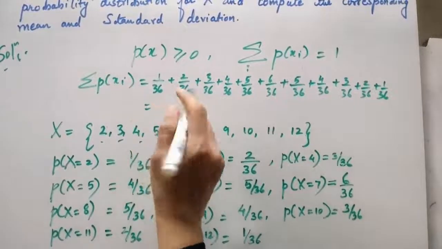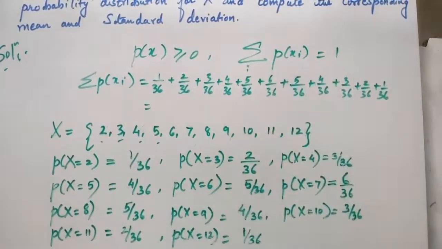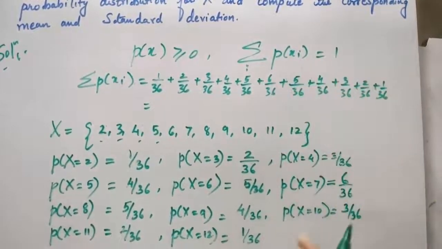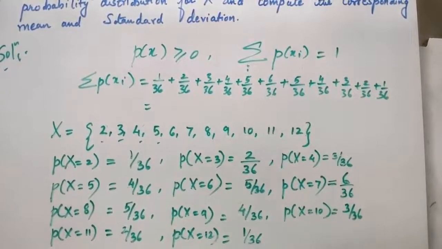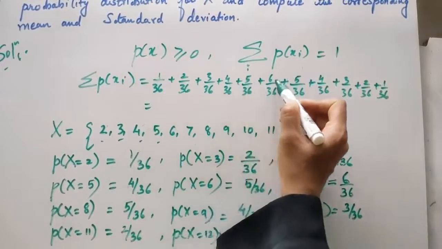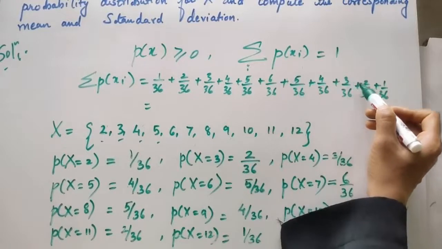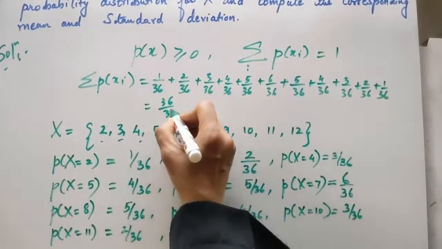Just check the addition: 1 plus 2 plus 3 plus 4 plus 5 plus 6, plus again 5, the addition of all these numbers. If you just do that, it will be nothing but 36 by 36. Just do it. See, it's 3, 6, 10, 15, 21, 26, 30, 33, 35, 36. So it is 36 by 36, which is equal to 1.